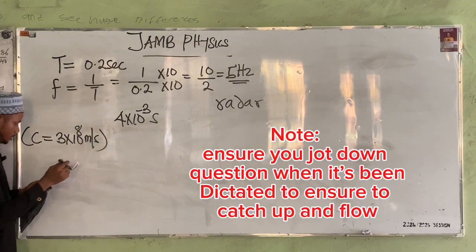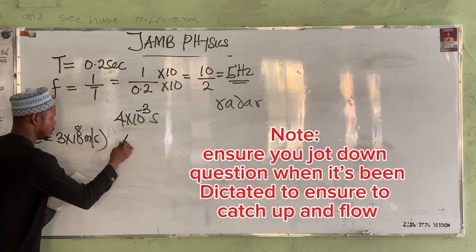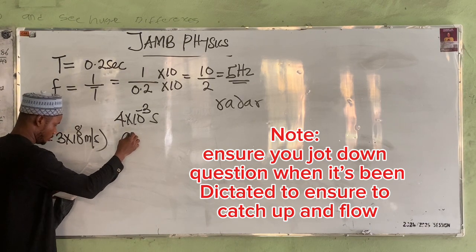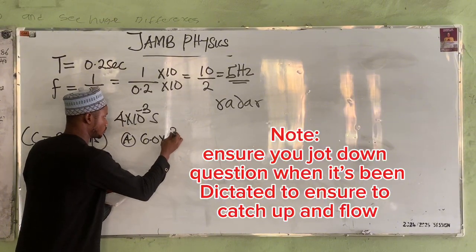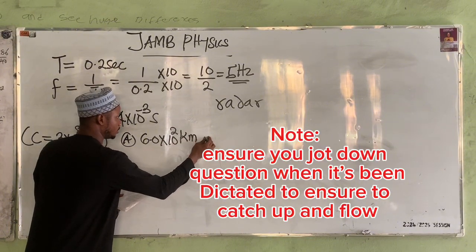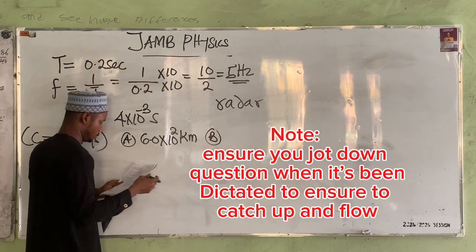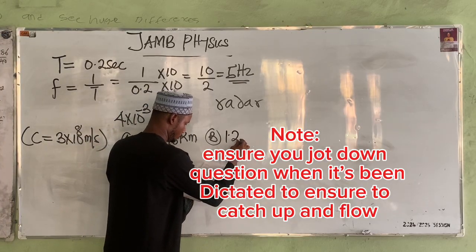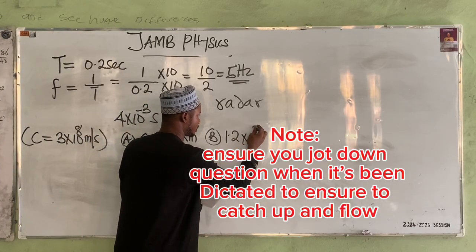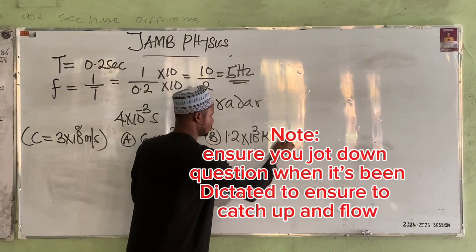The options here: A is 6.0 times 10 raised to the 2 kilometers. B is 1.2 times 10 raised to the 3 kilometers.